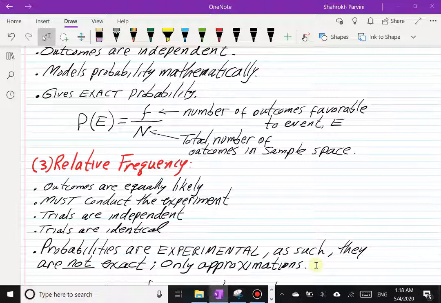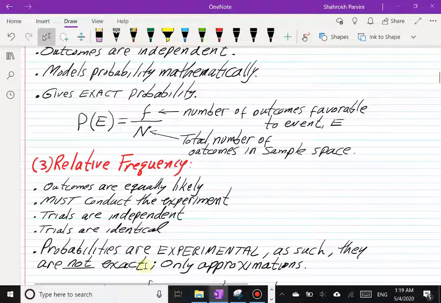Now, if I conduct the experiment 1,000 times, I might get 520 tails in 1,000 trials. At that point, the probability of a tail becomes 52%. So you see how the probabilities actually change depending on how many times we conduct the trials. So in that sense, they're approximations and they're not exact.